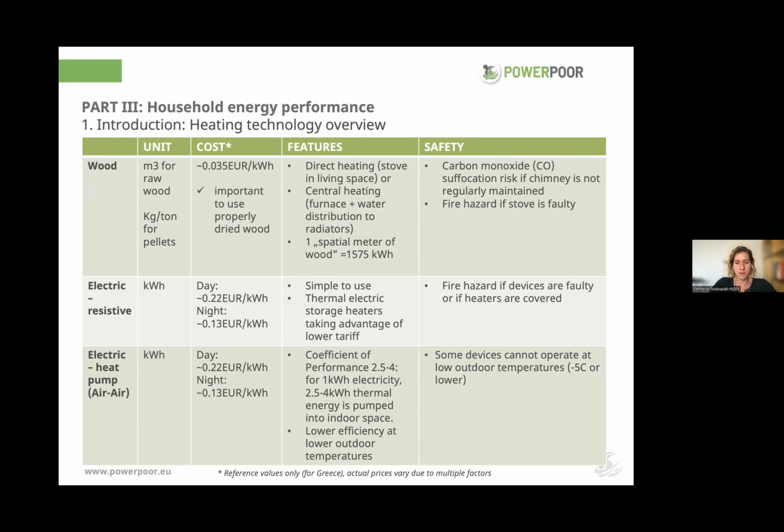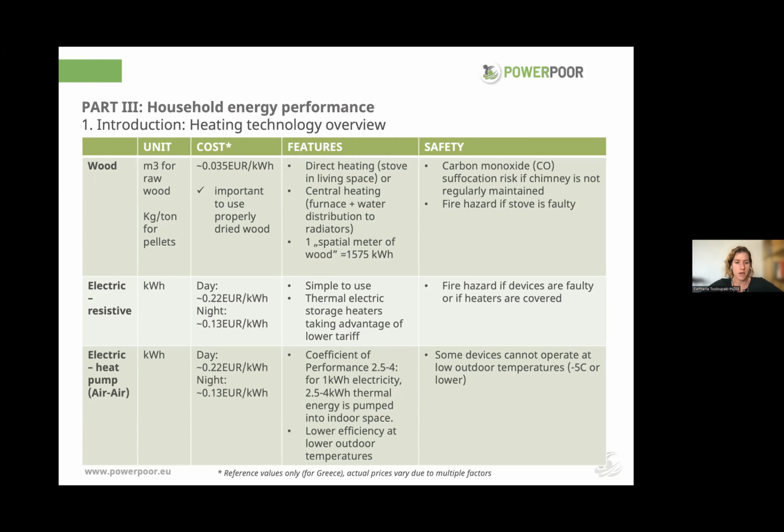There may be some devices that are not so efficient in lower outdoor temperatures, and this should be taken into consideration. And regarding the cost, we have here some indicative values, but of course, with the energy crisis, this can change very, very quickly.